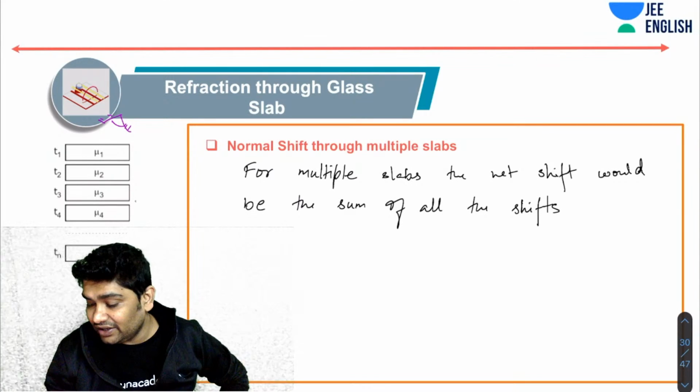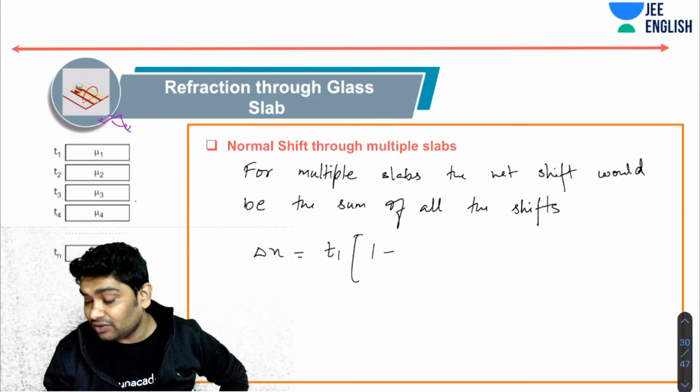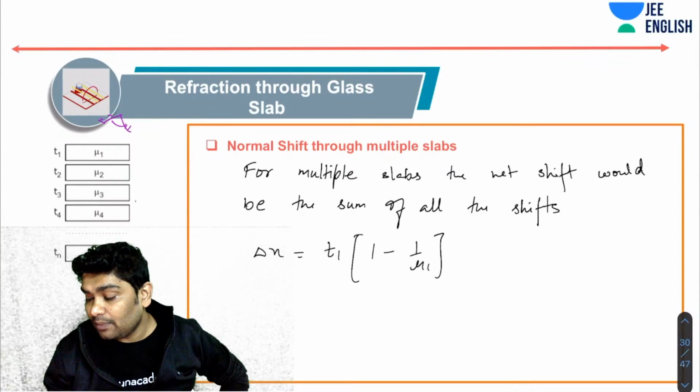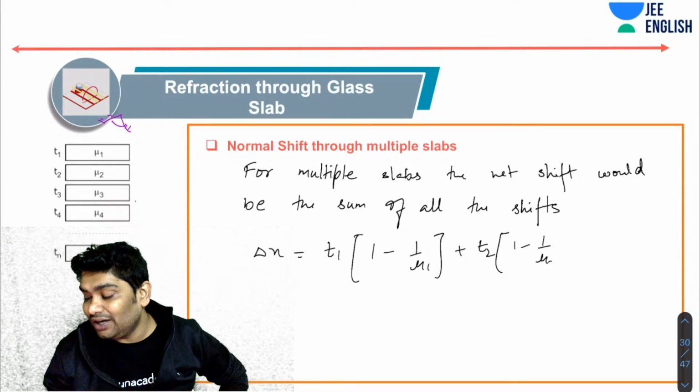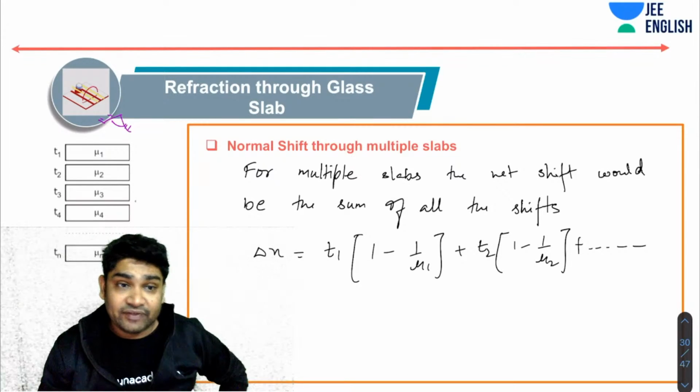Obviously, net delta x in this case would be t1 times (1 minus 1 over mu1) plus t2 times (1 minus 1 over mu2) and so on. Even if you have multiple slabs, the net shift would be given like this.